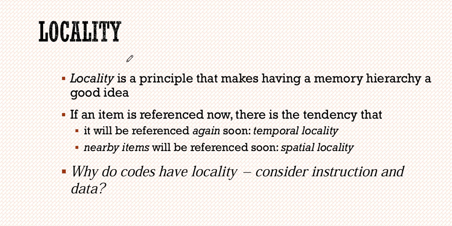The spatial one is when I take a large block of memory, there's the possibility that if I access this one, I'll access the next one, and the next. For example, an array stores things in a contiguous form. So if I come to fetch the first one and I fetch all four, there's a high chance that next time I'll not need to come back to memory to fetch, because I already have all four.